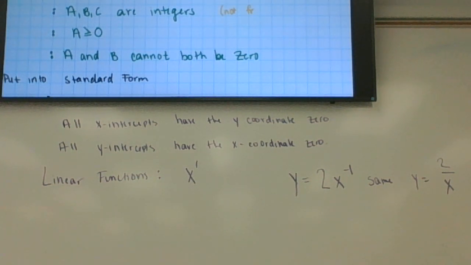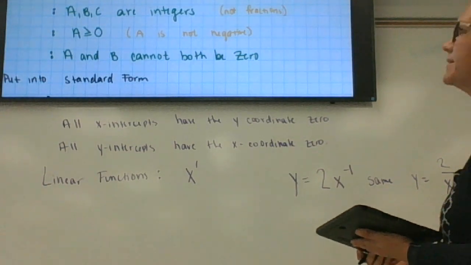And this is right out of your textbook if you want to read and refer back to your textbook. And A and B cannot both be zero. Obviously, you have to have an x or a y.